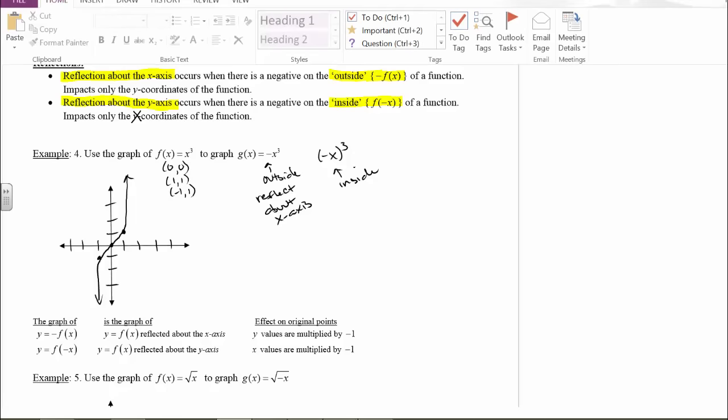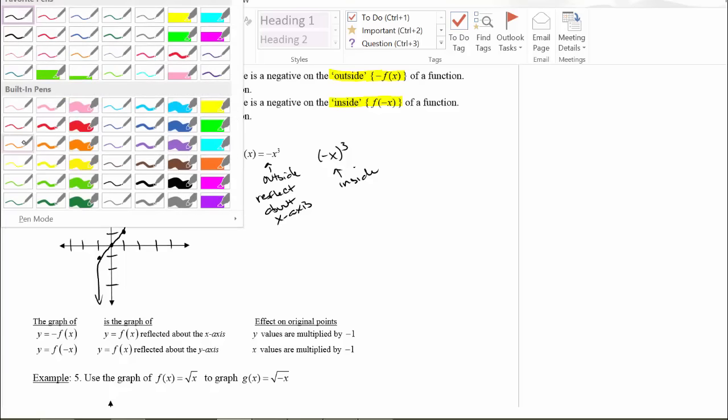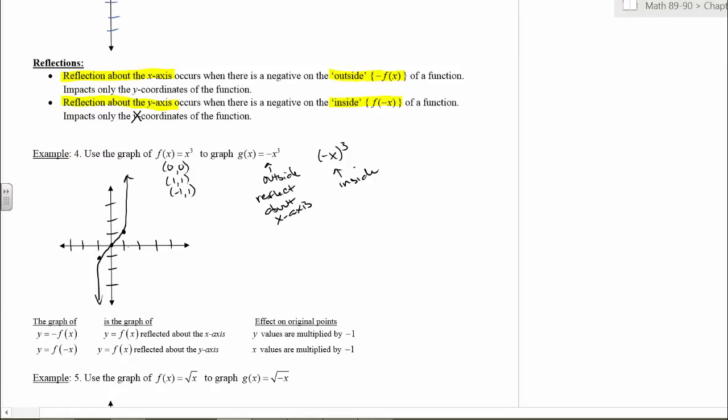So we're going to reflect, and one of the ways that you can think about reflections is just fix whatever axis you're reflecting about. So for us, we're reflecting about the x-axis. So if you fix that, you just count the distance that your graph is above or below that axis.